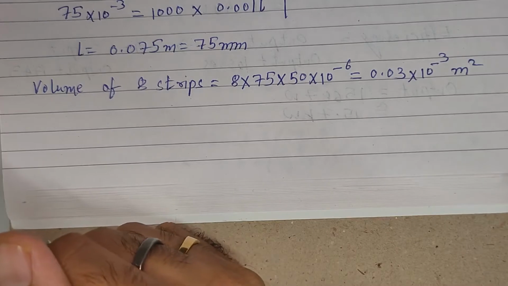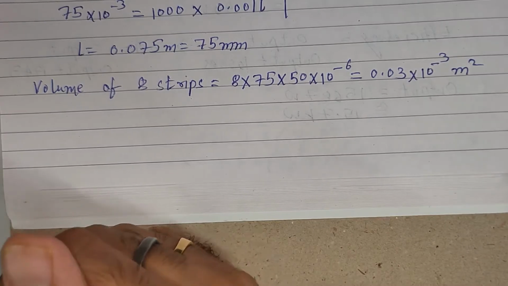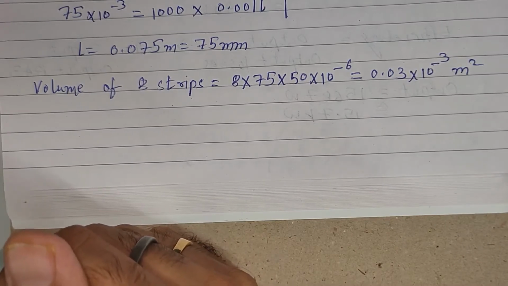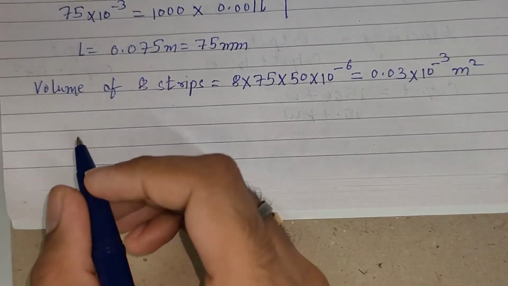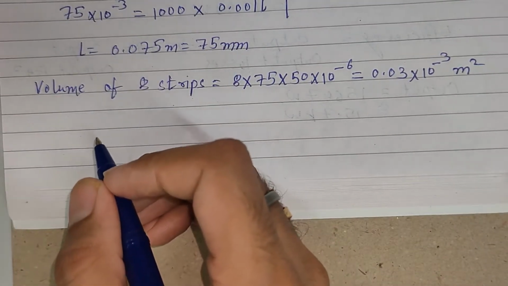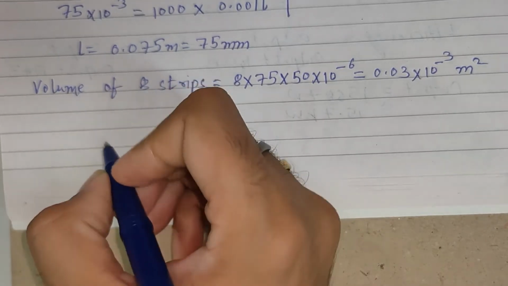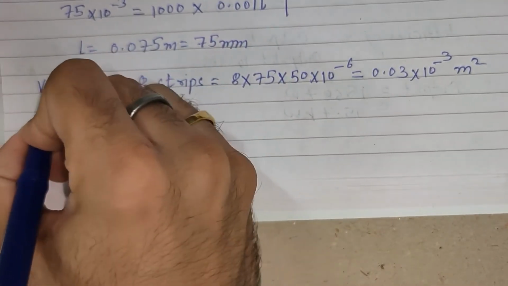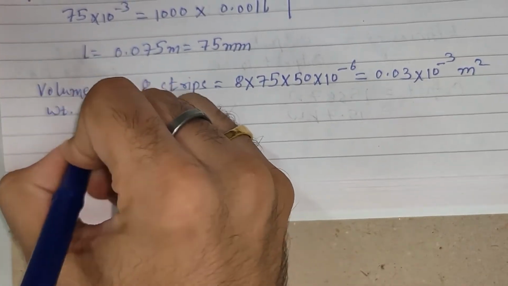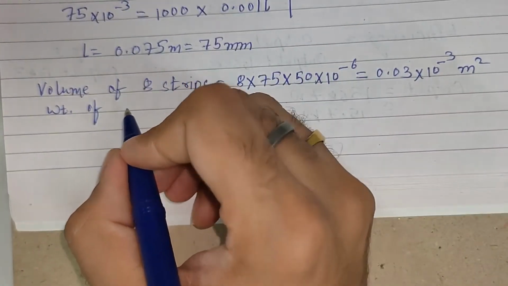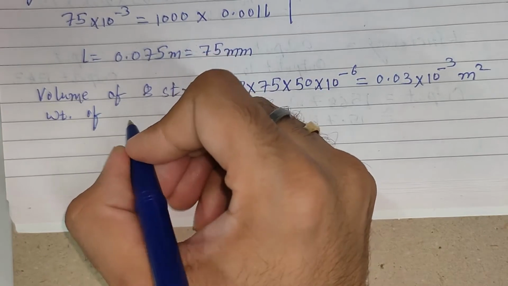Now since the specific gravity has been provided as 8000 kg per meter cube, we can find out the weight of the copper strips, which is given by capital G. So let us write down weight of, sorry, not the copper strips but the nickel alloy strips.